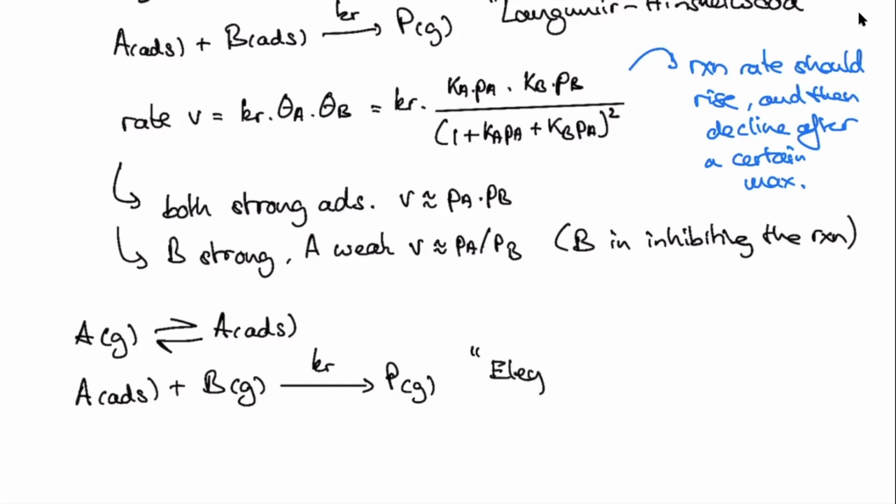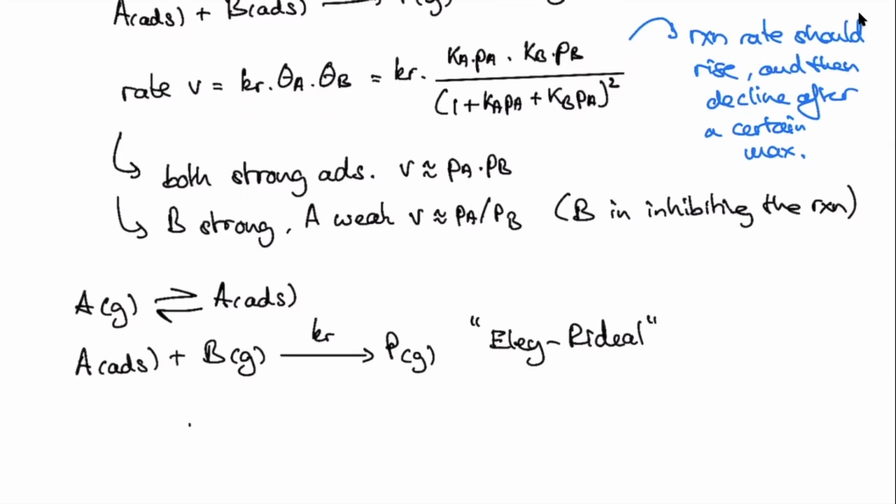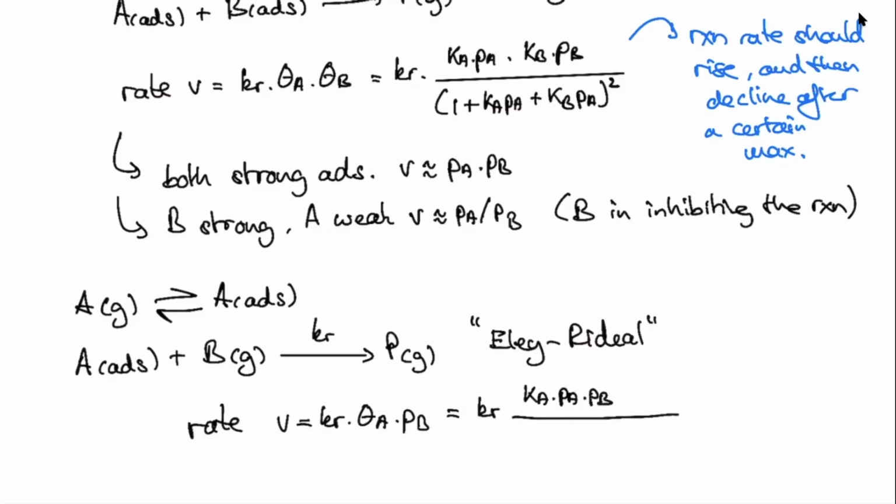So we have ideal conditions. And here the rate V is Kr times coverage of A times pressure of B, which would be Kr Ka times Pa times Pb over 1 plus Ka times Pa plus Kb times Pb.